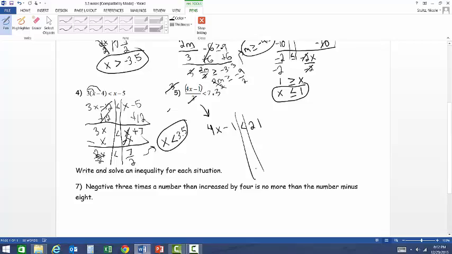And now we can go ahead and solve it like normal. And if you divide 22 by 4, you're going to get 5.5.